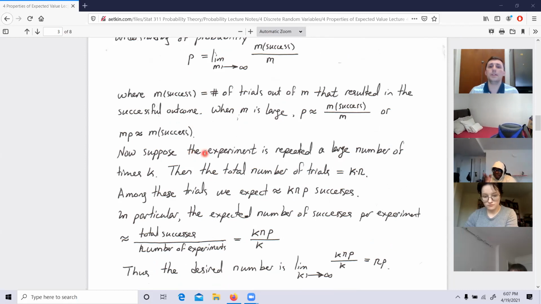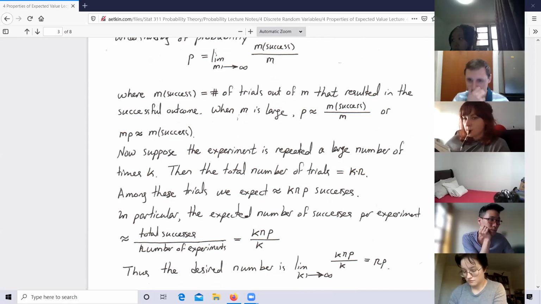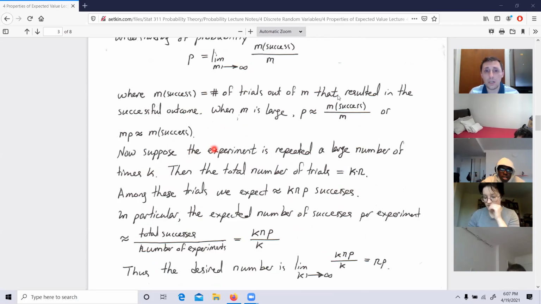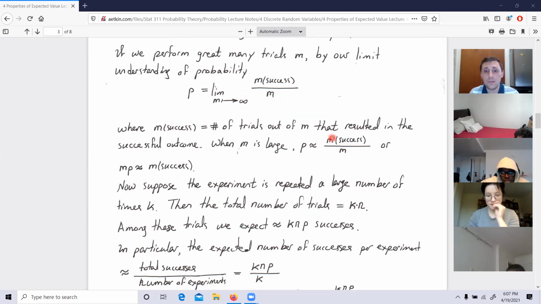Now, suppose that the experiment is repeated a large number of times k. So the total number of trials is k multiplied by n. So then total number of successes divided by, now you understand that we are considering batches of n, right?